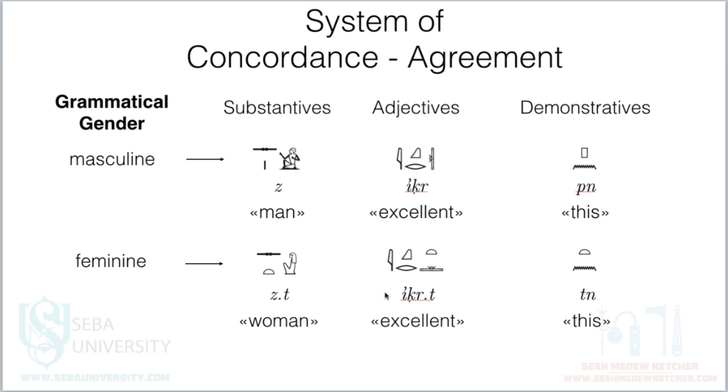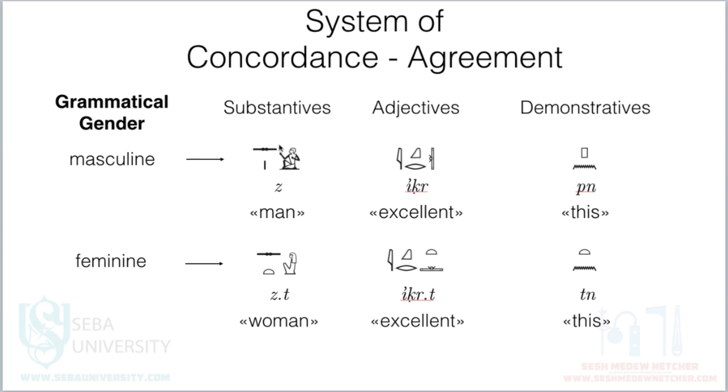What this also tells us is that the gender of the substantive acts as a trigger for target words. So the adjective and the demonstrative would be targets. In linguistics, the more proper way of naming these words would be constituents, the constituents within the sentence or the phrase.